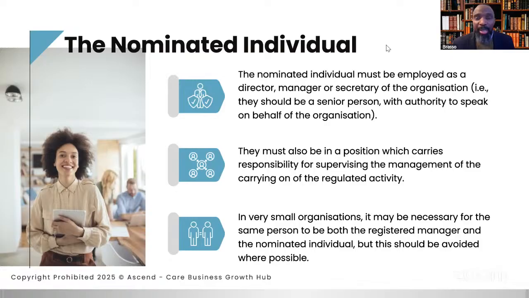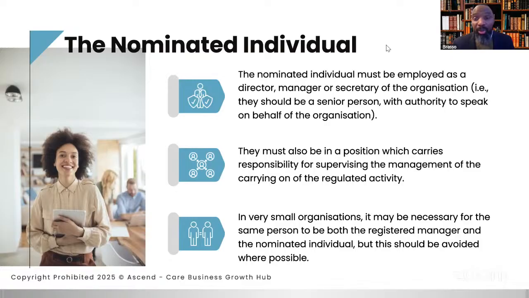It's just a one-man band, somebody who really have clearly defined aims and objectives, wants to set up, say, domiciliary care, whichever way, and that individual is unable to recruit a registered manager. He or she becomes both the nominated individual and the registered manager.